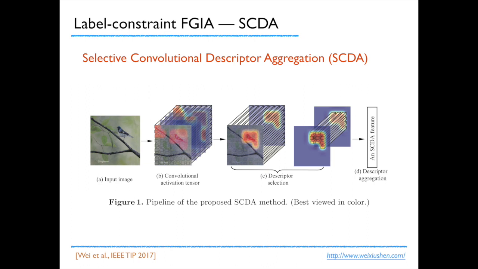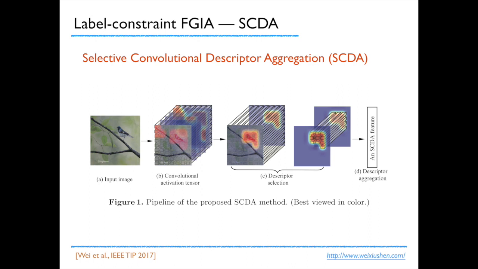In our SCDA, only a pre-trained CNN model is used, and we use absolutely no supervision. As shown in this figure, the pre-trained CNN model first extracts convolutional activations for an input image. We propose a novel approach to determine which part of the activations are useful, that is, to localize the objects.